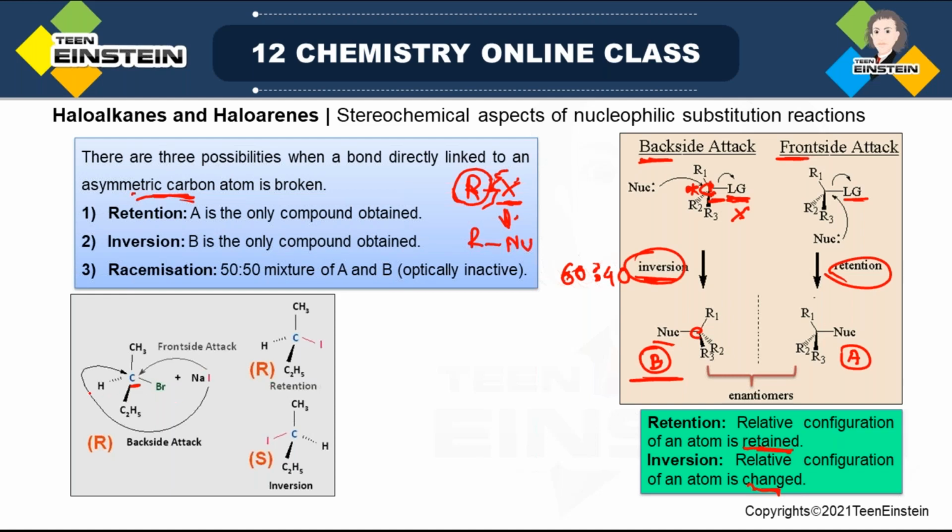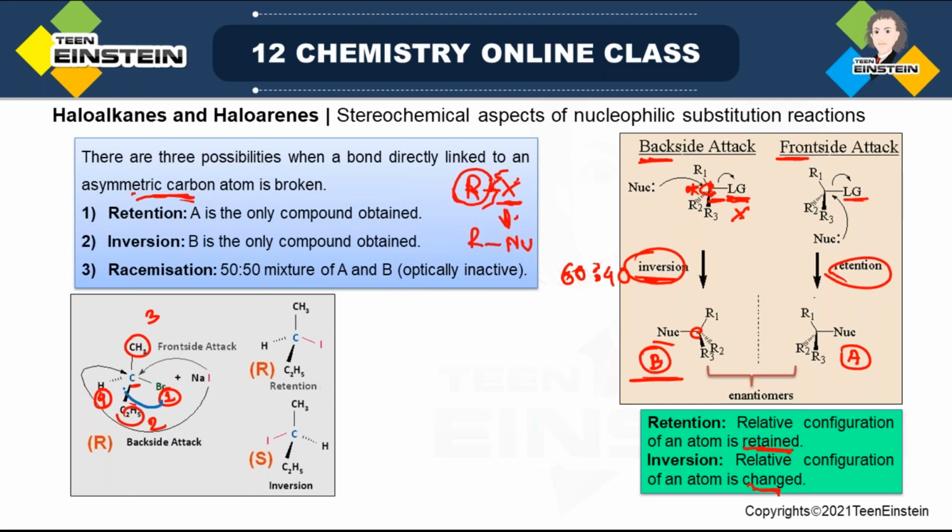Here we have bromine, hydrogen, methyl and ethyl. Now if we number these groups according to priority, hydrogen is the lowest priority, so it is 4. Bromine is 1 because it is the maximum priority. Then the ethyl group is 2 and this is 3. Now the lowest priority group is away from us, so when you are moving from 1 to 2 to 3, this movement is basically clockwise.